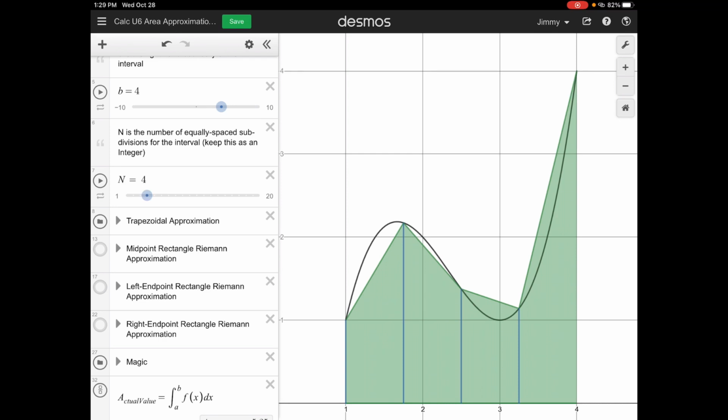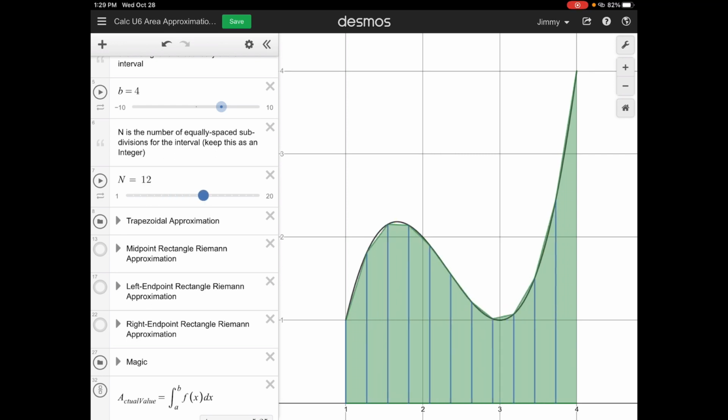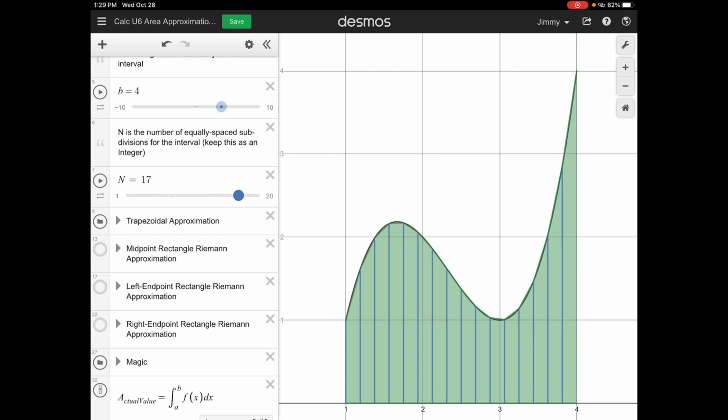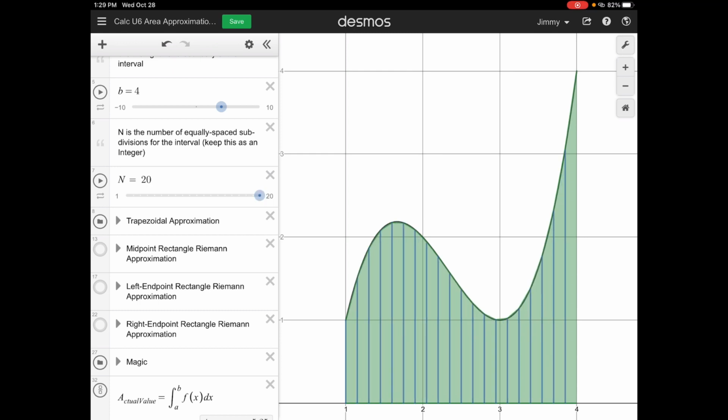If I start with 4 trapezoids and increase toward 20, notice how it becomes a better and better fit, where we can almost get the true area underneath the curve.